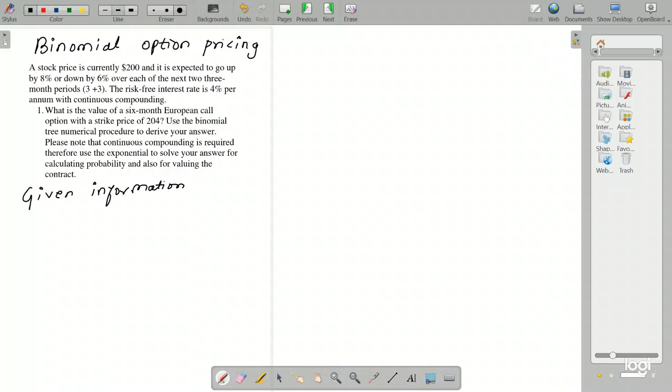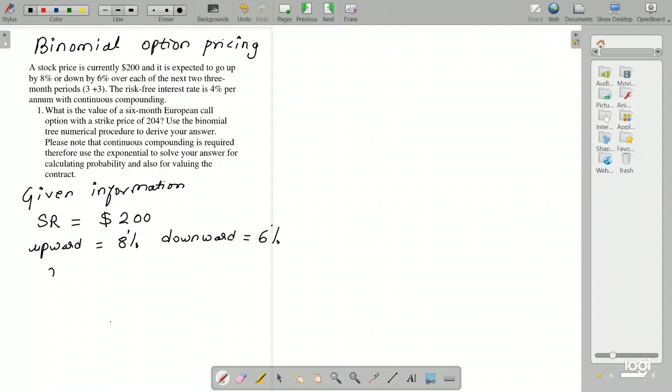Here in the question, the stock price is currently $200, so I'm going to write this as $200, which is my spot price, and it is expected to go up. This means the upward trend is expected to be 8%, and the downward trend as given in the question is 6%.